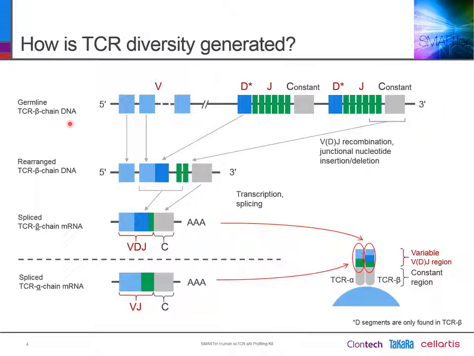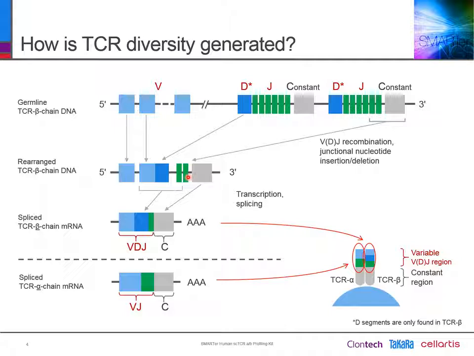Shown here is a segment of the germline TCR beta DNA. It has multiple gene segments, the variable and the joining genes, as well as a constant region. What happens in the germline is these gene segments undergo a site-specific recombination to give rise to this rearranged segment.